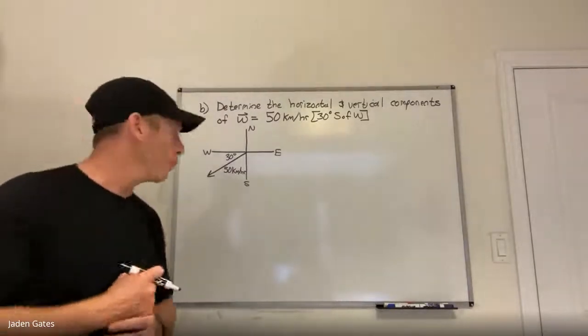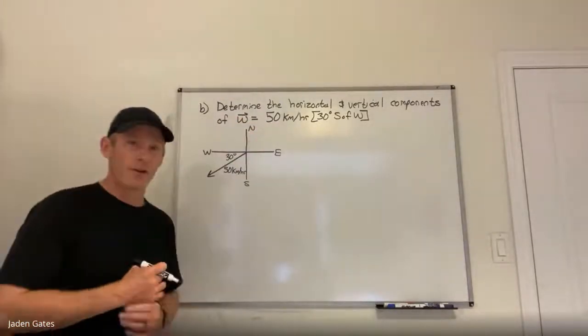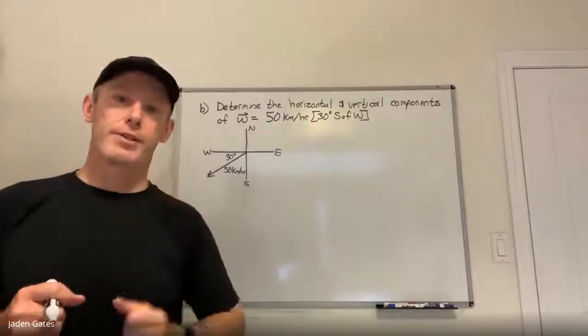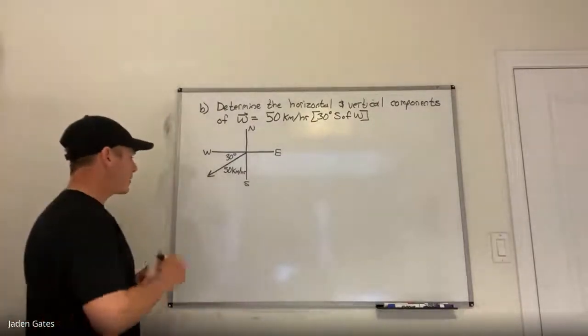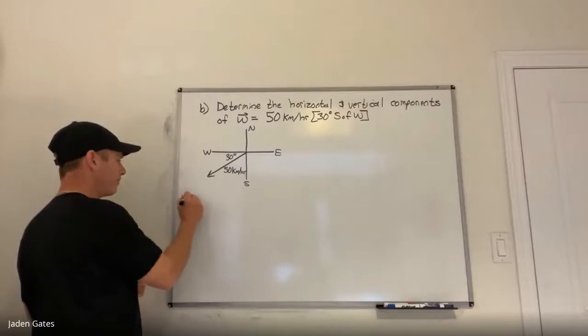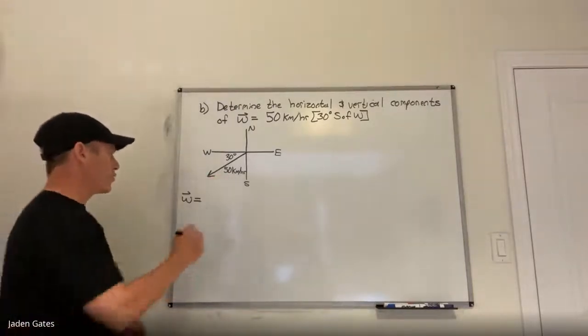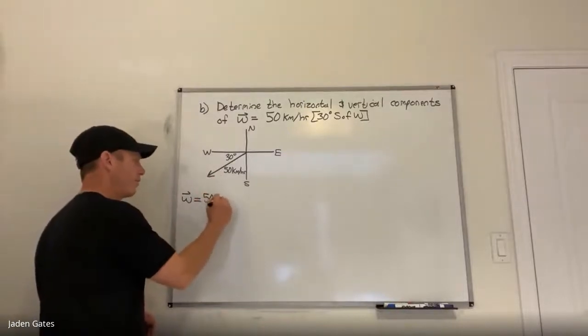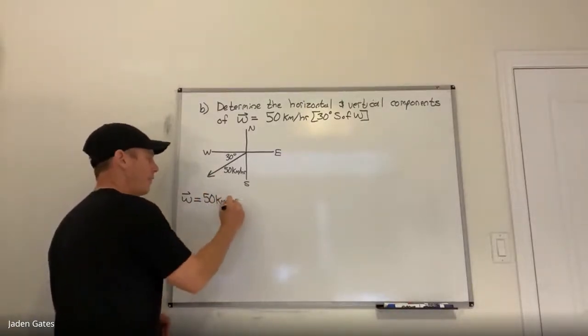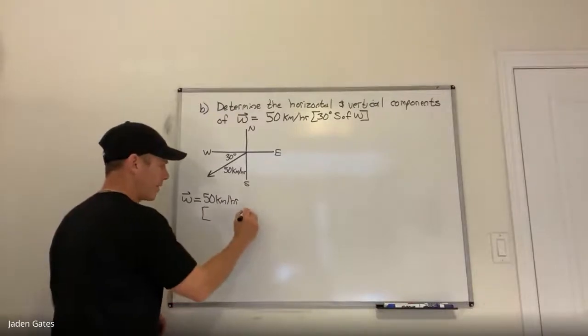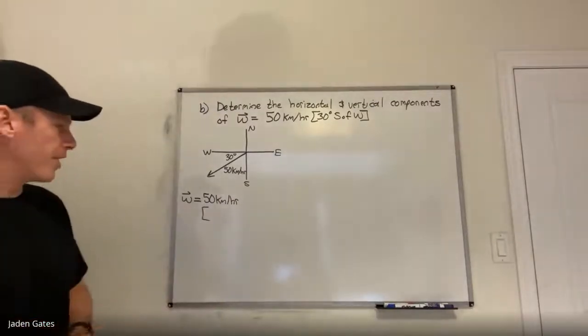Now, something I did want to go through is that every vector can be written two different ways. This vector could also be vector W, and the size of the vector is not going to change. That wind is still 50 kilometers an hour. But in terms of my direction, I can rewrite it a little bit differently.